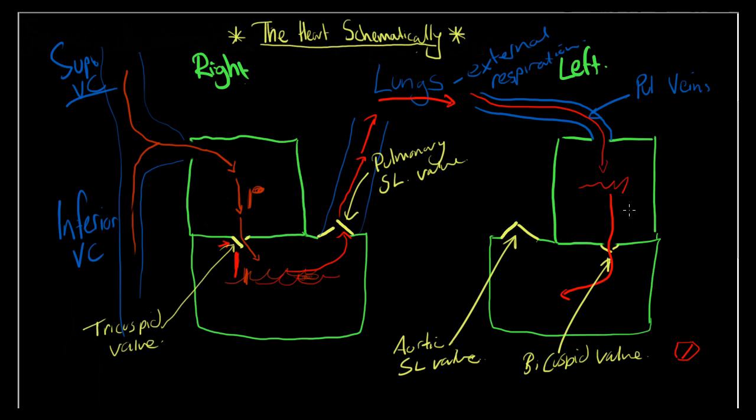So we have extra pressure in here, which overrides the pressure in the ventricle, and we open up this valve here, and the blood will flow into the ventricle. Okay, we have filling up of blood here, and then the pressure overrides the pressure in the aorta, which we might draw.